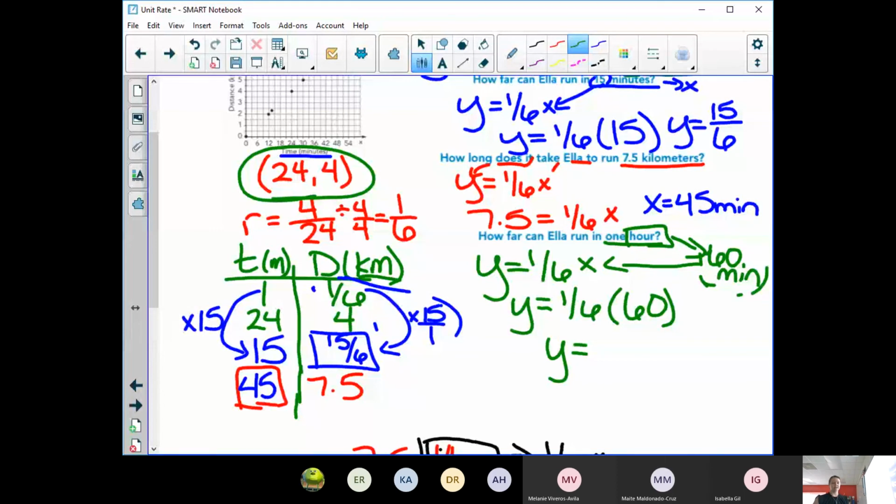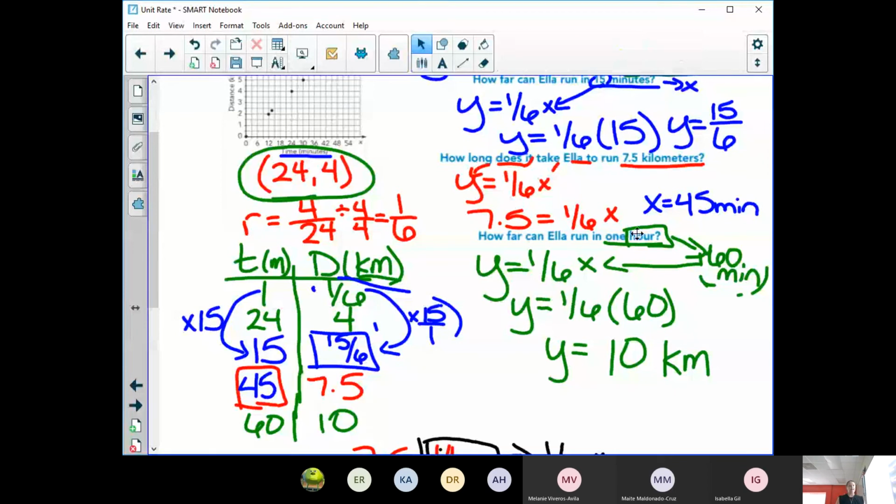Okay, 60/6, and if we simplify that, it gives us what? 10. So in 1 hour or 60 minutes, she can run 10 kilometers.